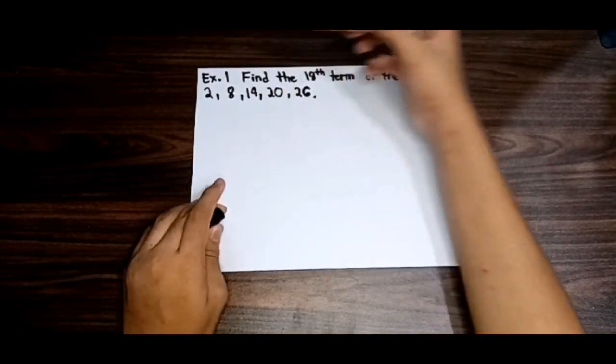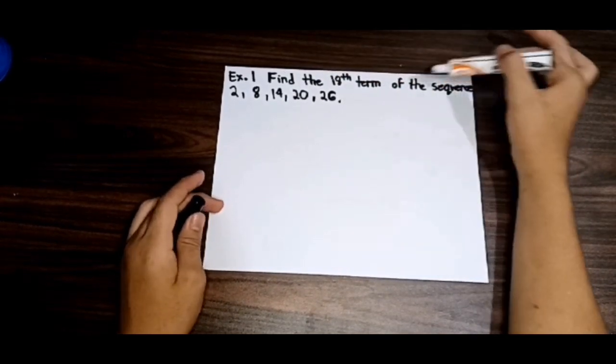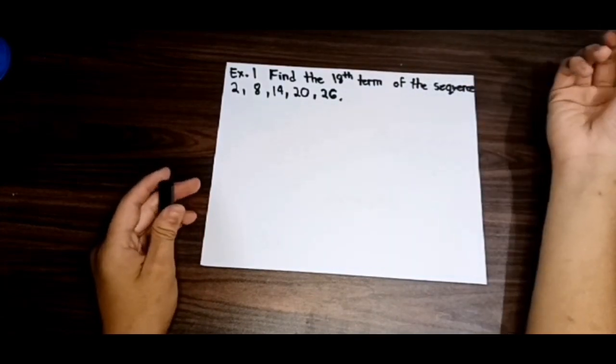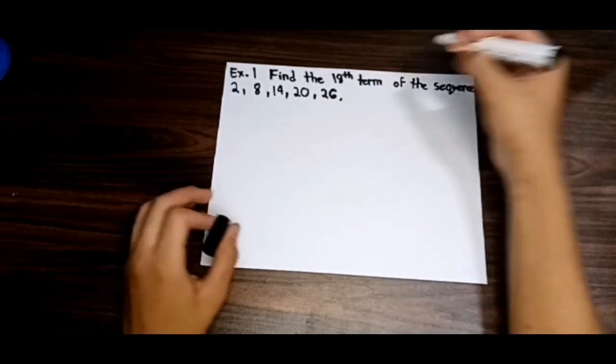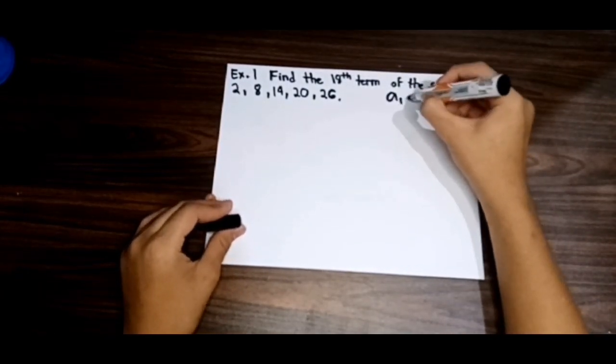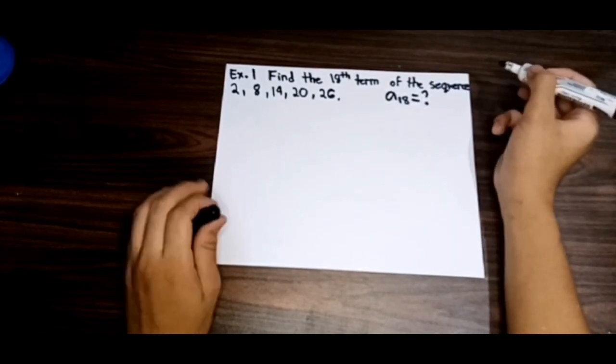So, up to our first example. Find the 18th term of the sequence 2, 8, 14, 20, and 26. What we need to find in this problem is the 18th term, which is unknown.